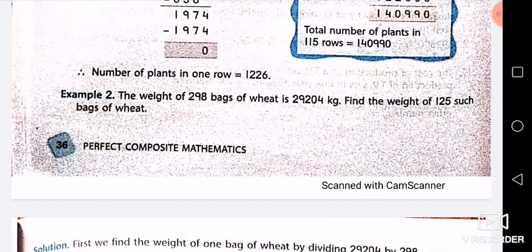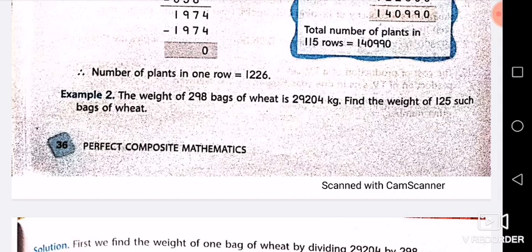As we have done in the previous question, the weight of 298 bags has been given. First you will find the weight of one bag. So, what are you going to do? The concept of many and one is there, so you are going to do division first. After that, whatever weight of one bag you get, that is going to be multiplied by 125 bags.